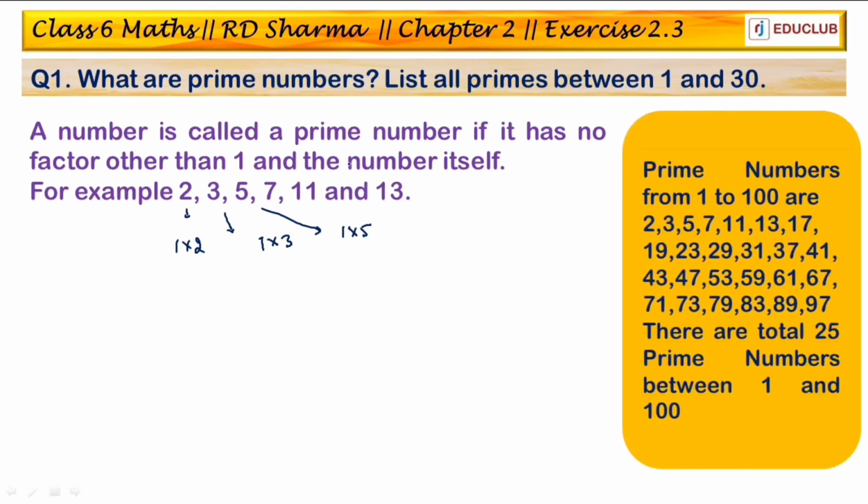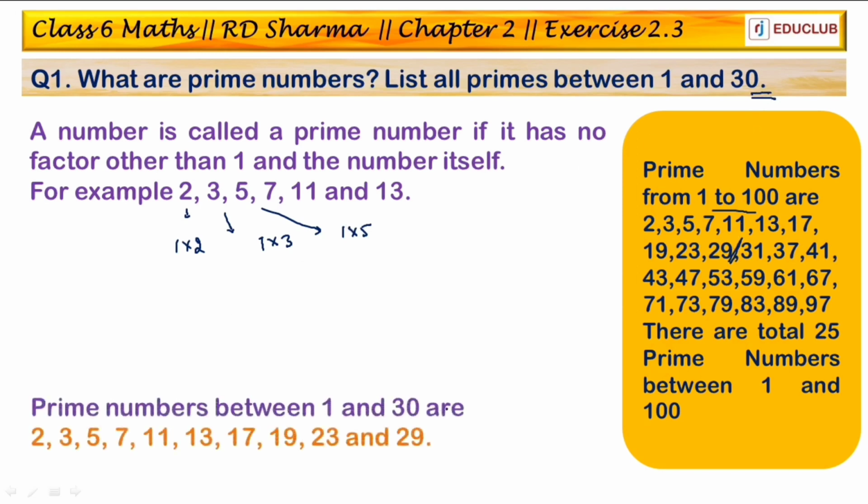Now we'll see the prime numbers between 1 and 30. We have consolidated the list from 1 to 100, but we have to find the numbers between 1 and 30, the numbers which have factors 1 and the number itself.